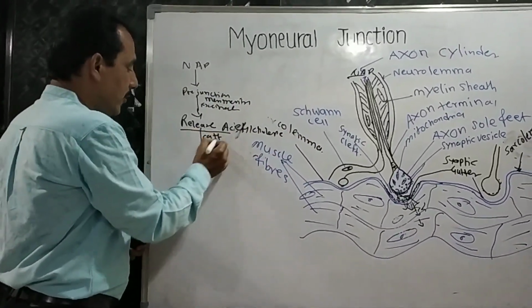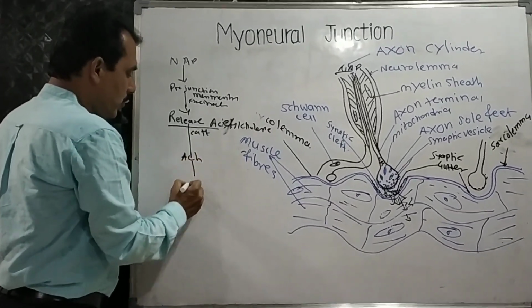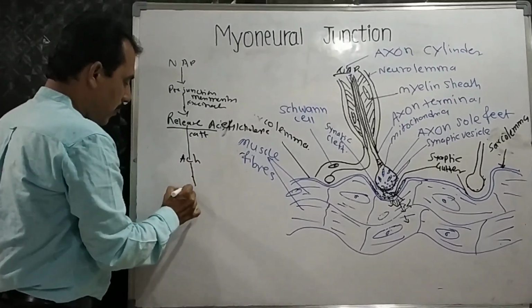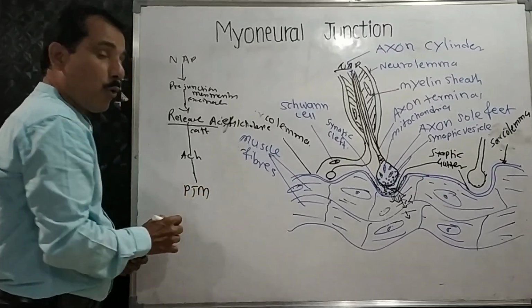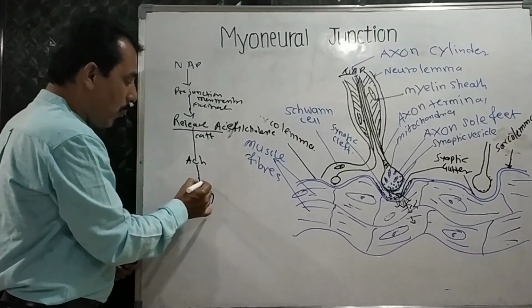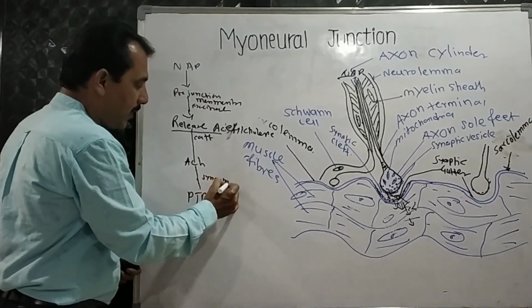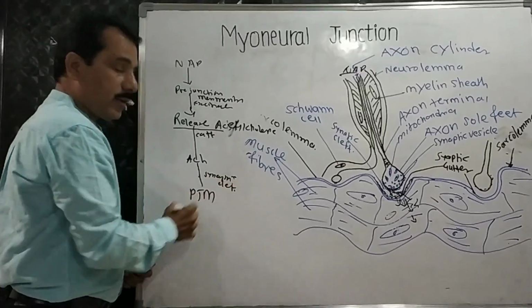And this neurotransmitter, acetylcholine, reaches the PJM, the postjunctional membrane, across the synaptic cleft.